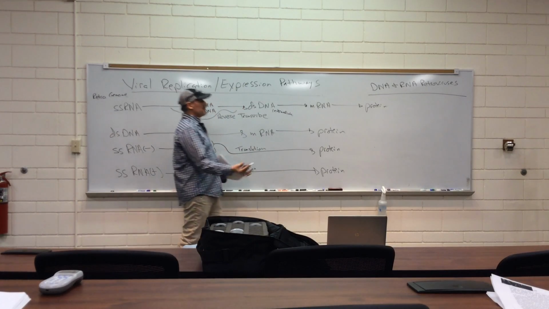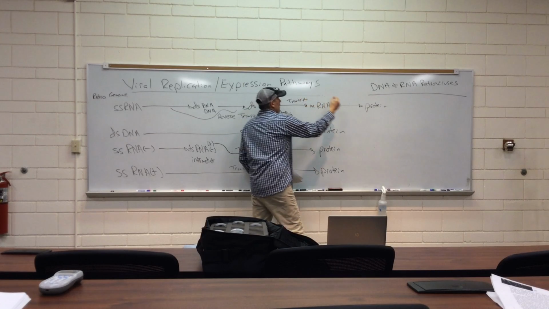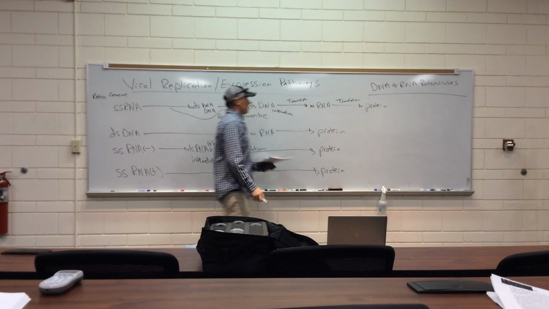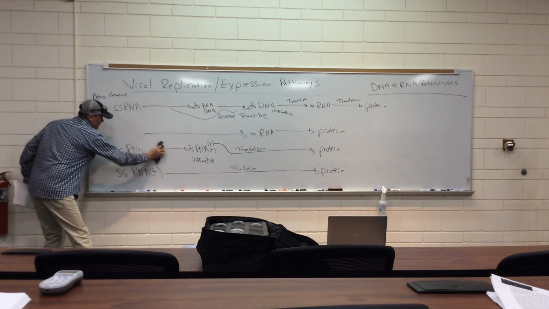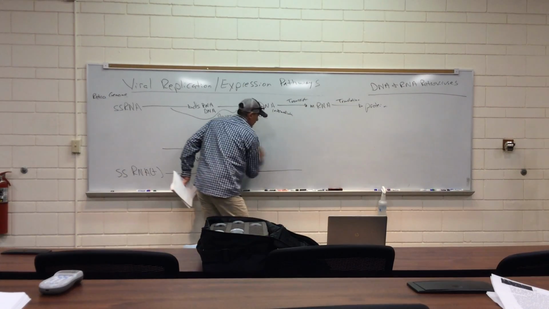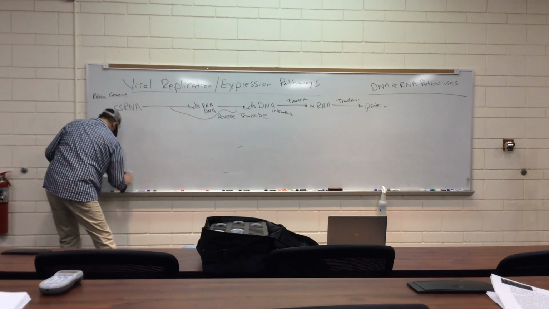This intermediate then goes through the normal process of transcription and translation. And that's what we see with most normal retroviruses. And then you have these weirdos called the Bunyaviridae family, and they are DNA retroviruses.